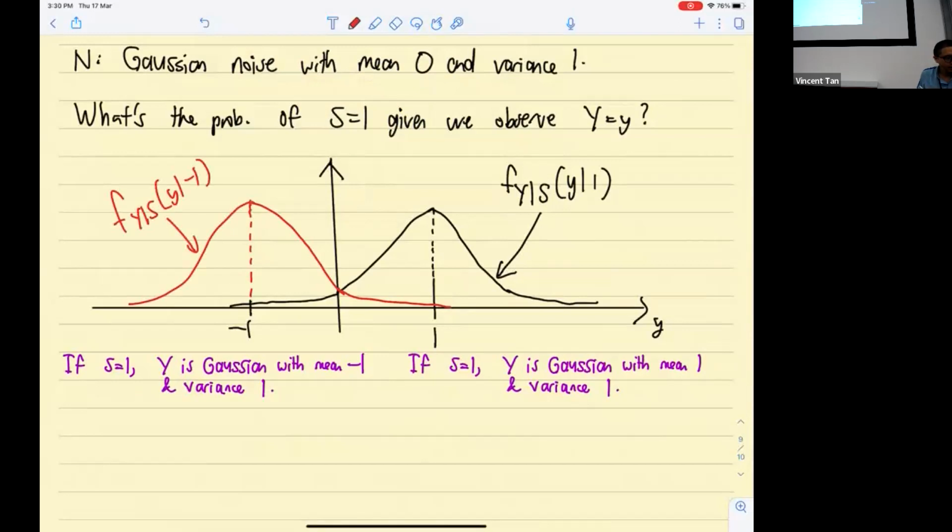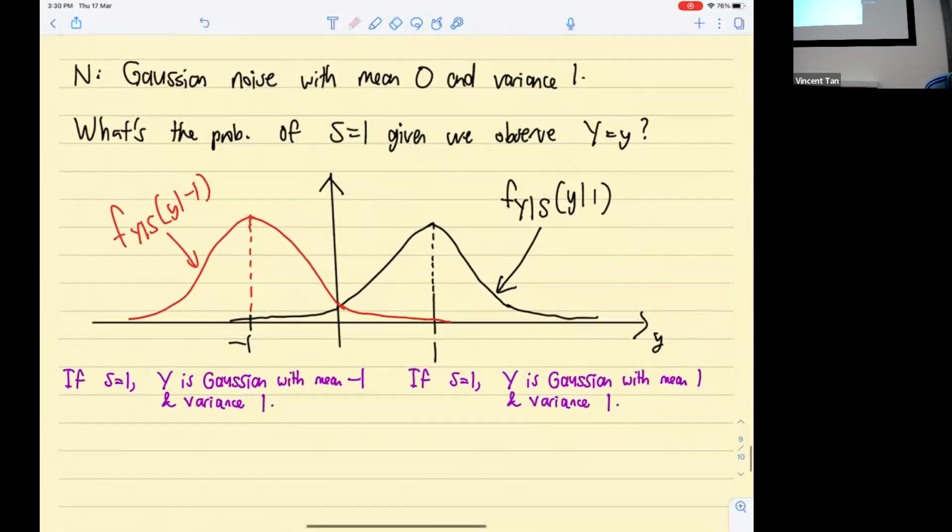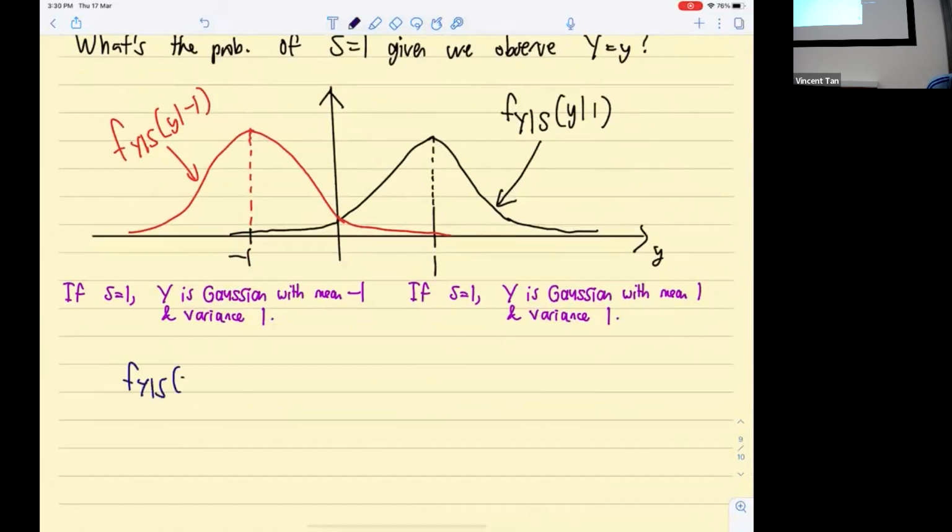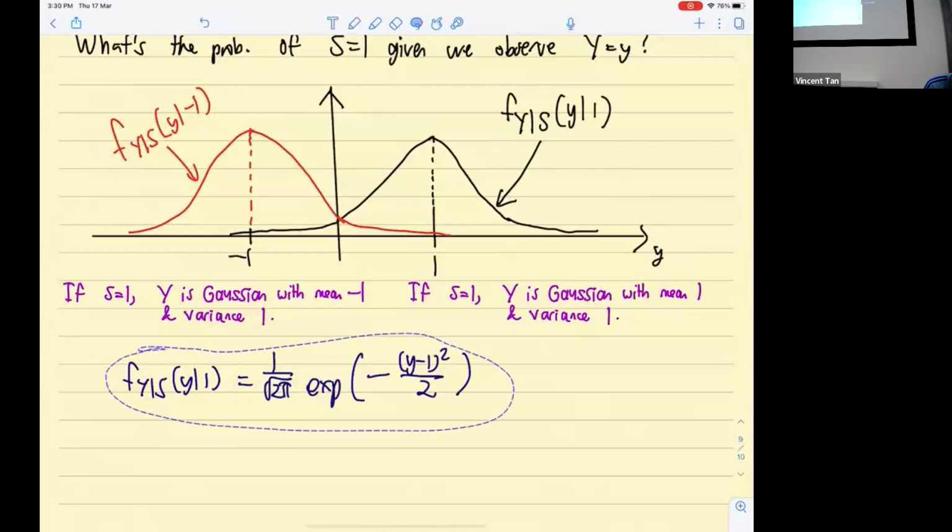So let's write down a few expressions first. f of y given s equal to 1 is a Gaussian with mean equal to 1, so you have e to the minus (y minus 1) squared over 2. The variance is still 1. That is the density of a Gaussian with mean 1 and variance 1.